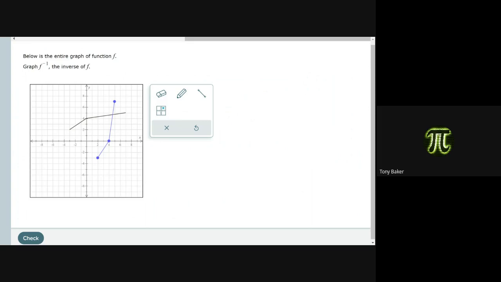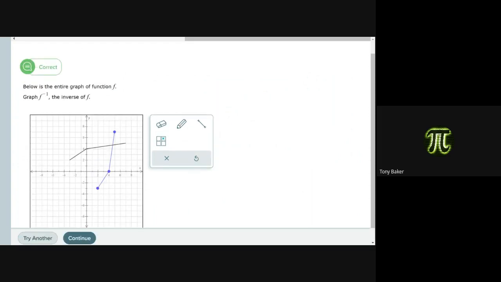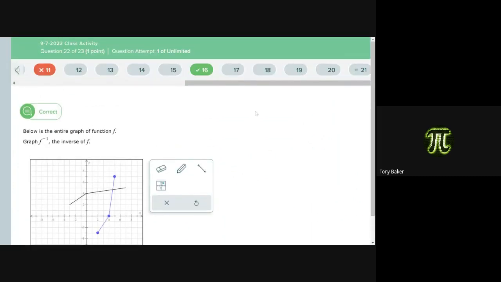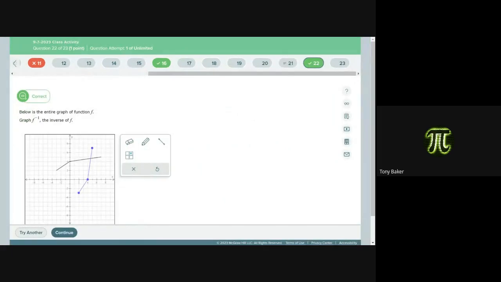Or just write them down on a piece of paper. You don't have to necessarily mark them. So identify the points they give you and just reverse them. That's what you're doing with an inverse. And there we have a whole bunch of those, because those are easy.